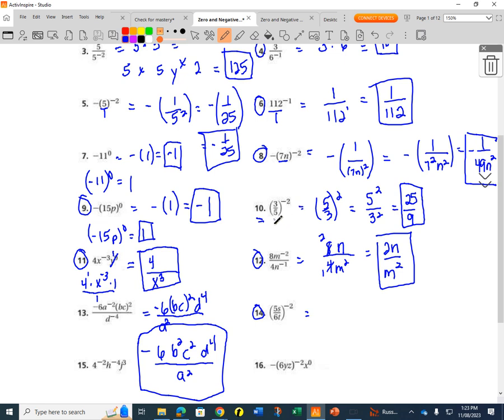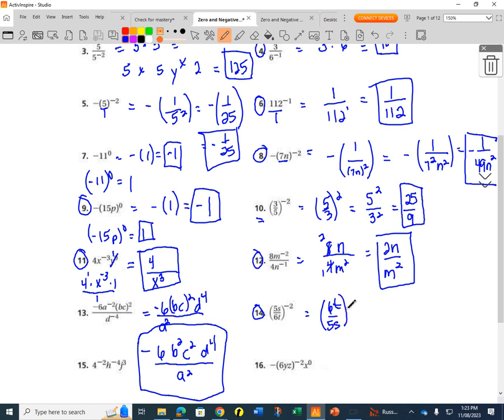So this fraction was 3/5 raised to the negative second power, and we rewrote it as 5/3 to the second power. So very good, we're flipping. So the bottom will go on the top, and the top will go on the bottom. The numerator will be in the denominator, and vice versa.